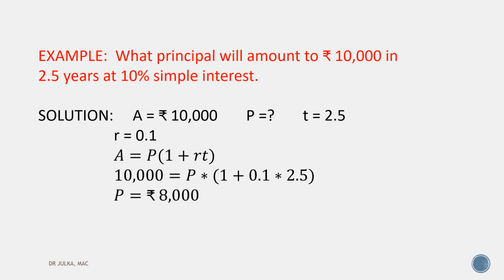After calculating, P equals 8,000. This implies principal is 8,000 rupees.